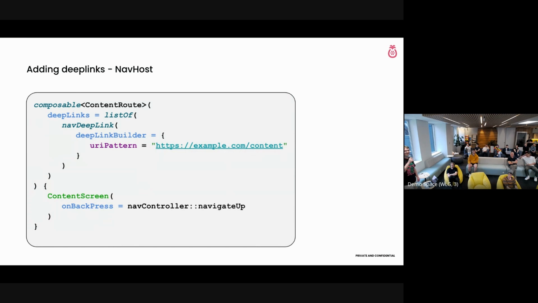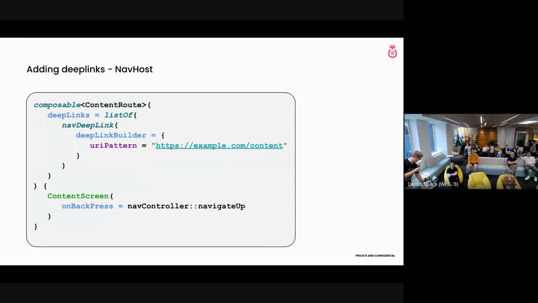The only difference here is that you can see we're passing in a list of deep links into the composable function there. A little bit complicated, there's a few bits going on there, but the main thing there is the URI pattern. So that is the specific URL that we want: if another app deep links to that particular URL, we want our app to open to the content screen.